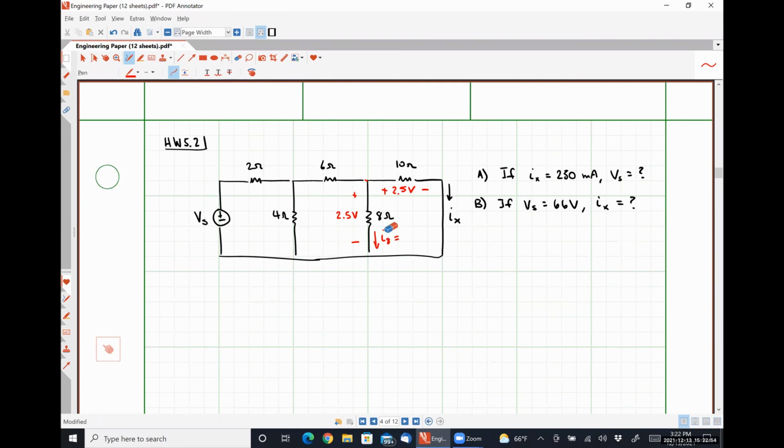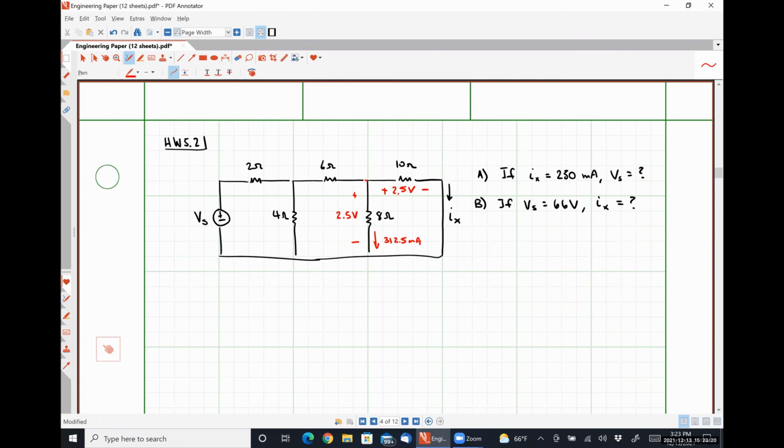Pardon? That is incorrect. So we have a 2.5 volt drop over an 8 ohm resistor. So it's 2.5 volts divided by 8 ohms is 312.5 milliamps, I believe. Right, 2.5 over 8. All right.